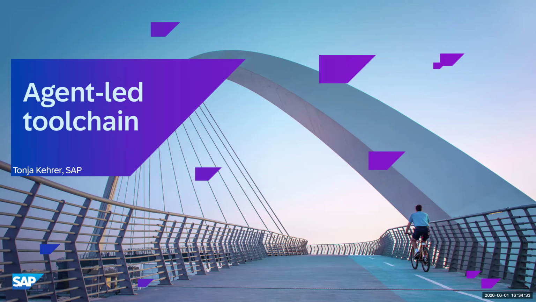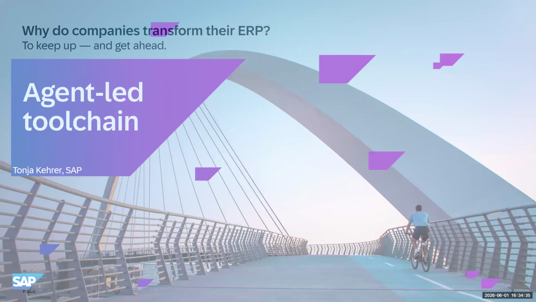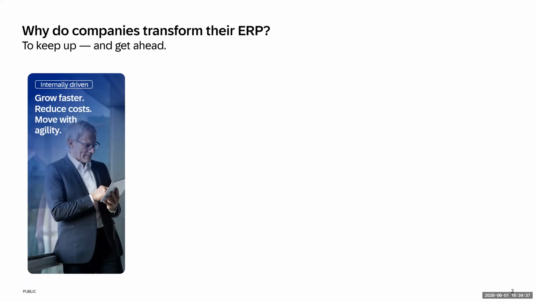And that actually starts with different drivers and demands of organizations. First of all, there are internally driven obstacles or hurdles that organizations face when they want to transform their ERP landscape in order to grow faster, reduce costs, and move with agility.